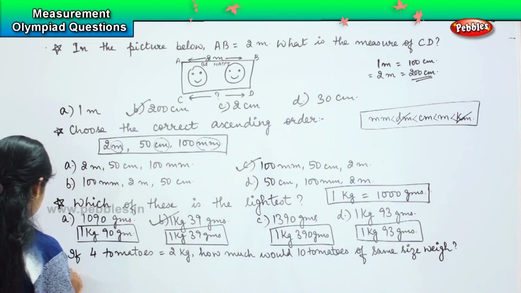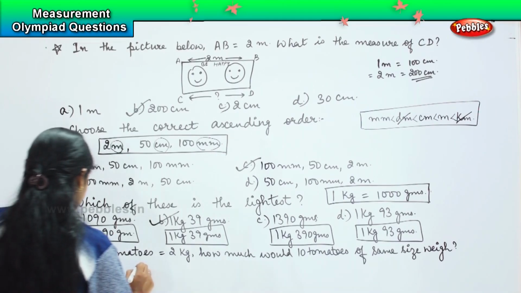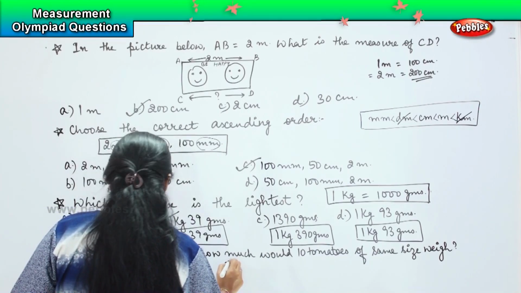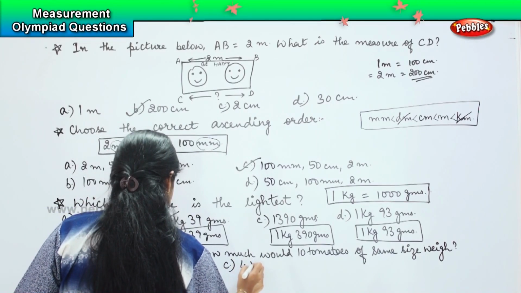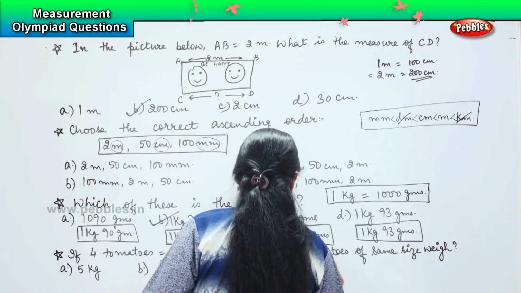Your options are option A 5 kg, option B 6 kg, option C 4 kg, and option D 10 kg.